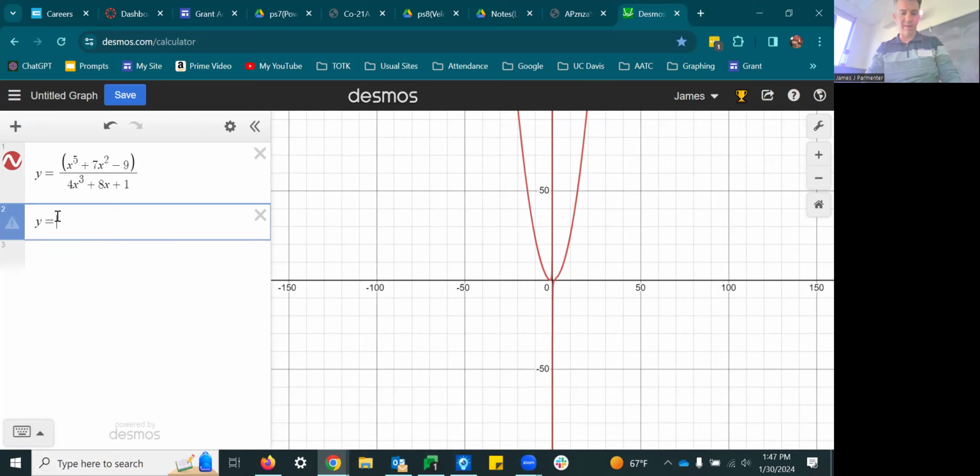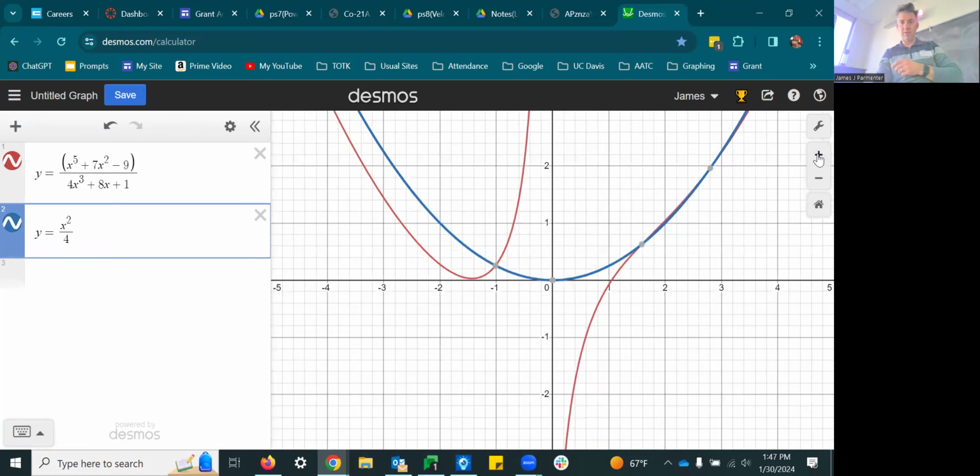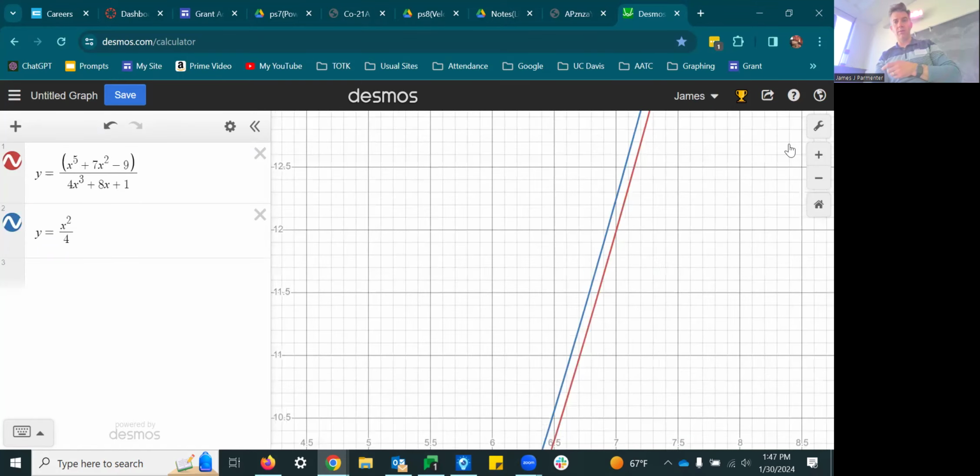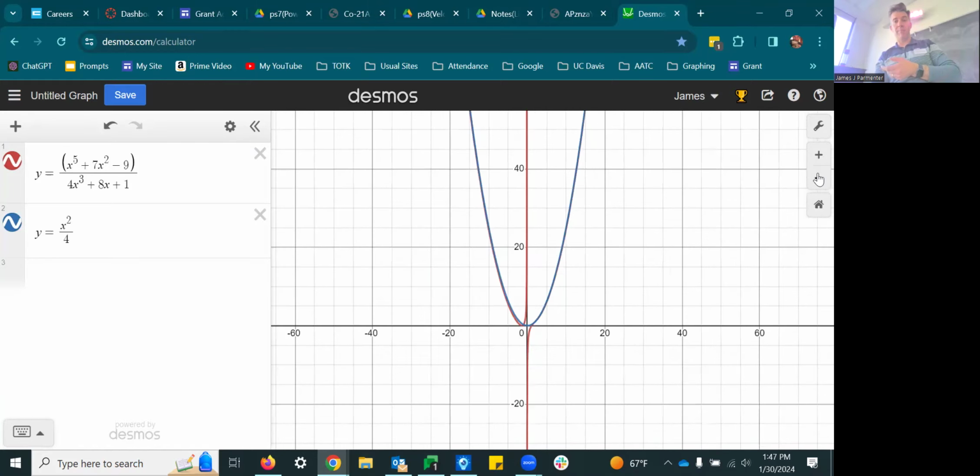If we graph y equal to, I think it's x squared divided by 4. I didn't actually check, so I don't know. Yeah, look at that. If I zoom in a bit, this graph in the middle is not super close to y equals x squared over 4. But as you move away from the middle, that graph is super duper close to x squared over 4. It is literally a parabolic asymptote. Kind of neat.